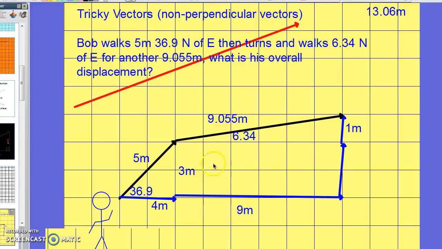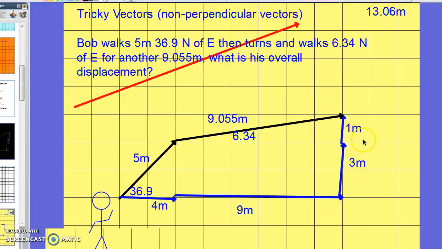I'm not changing them, I'm just moving them. That's our rule. We're allowed to move them, we're not allowed to change them. Then you're going to use the Pythagorean theorem to calculate the overall value. So you're going to say 4 and 9 on the x-axis is 13. 3 and 1 on the y-axis is 4.